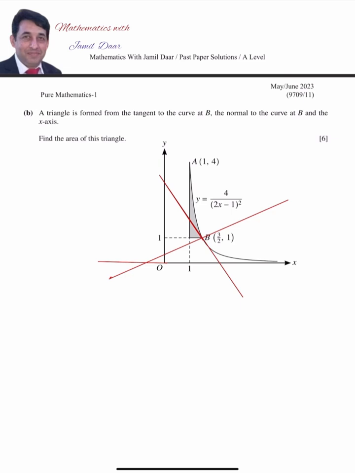So this is the normal to the curve. Let's suppose this point is C, and this point is D. So we have to find the area of triangle BCD. First of all, you have to keep this in your mind.